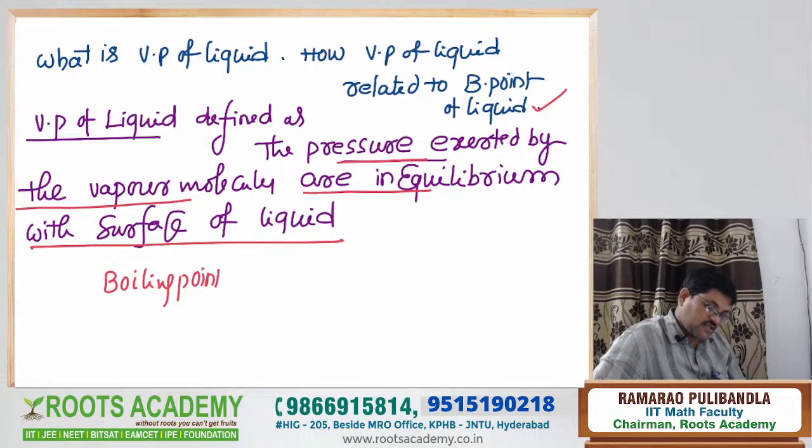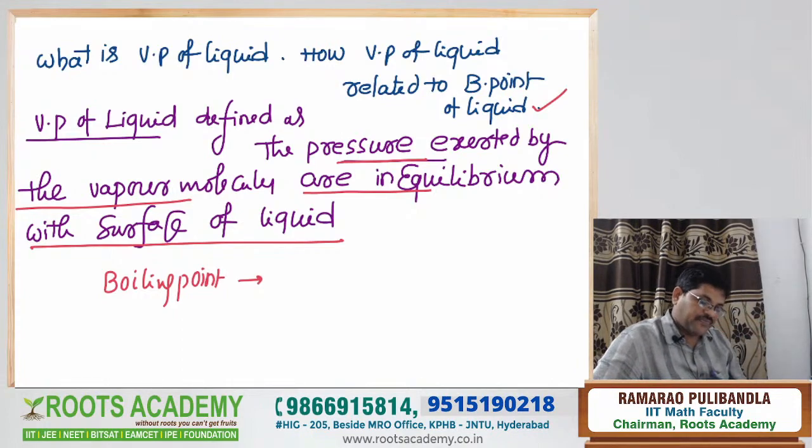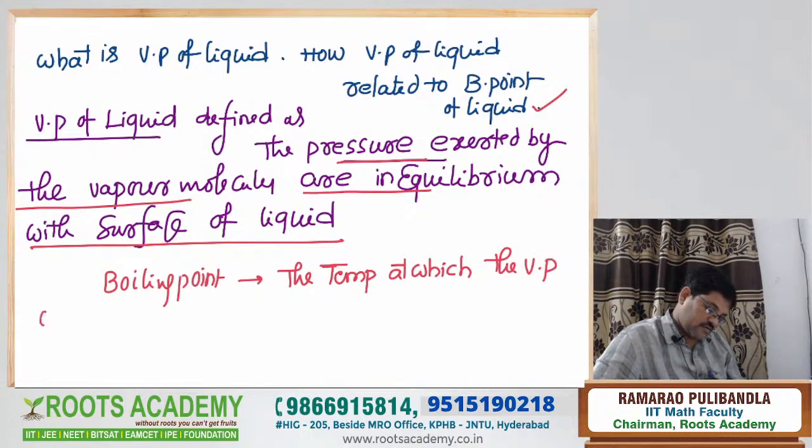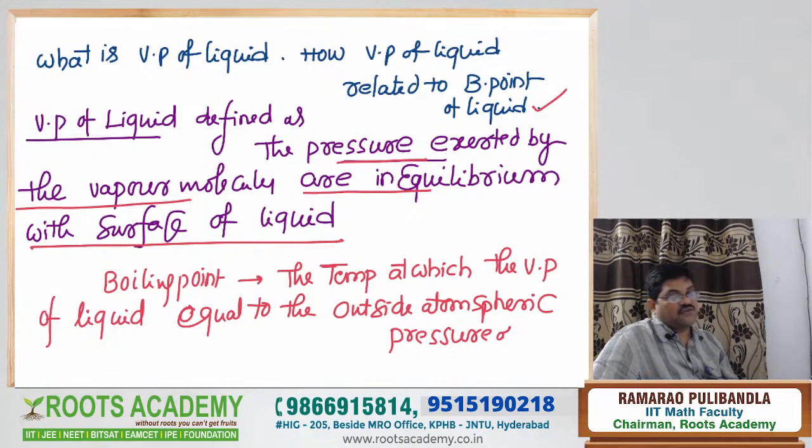The boiling point is defined as the temperature at which the vapor pressure of the liquid is equal to the outside atmospheric pressure. That is the meaning of the boiling point.